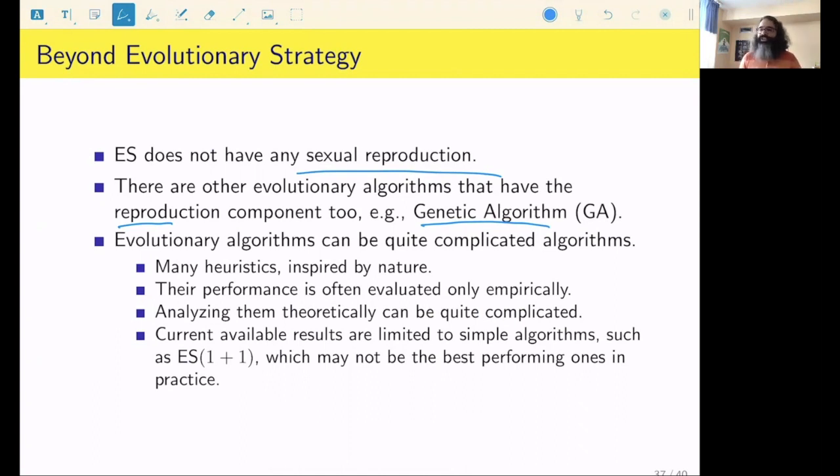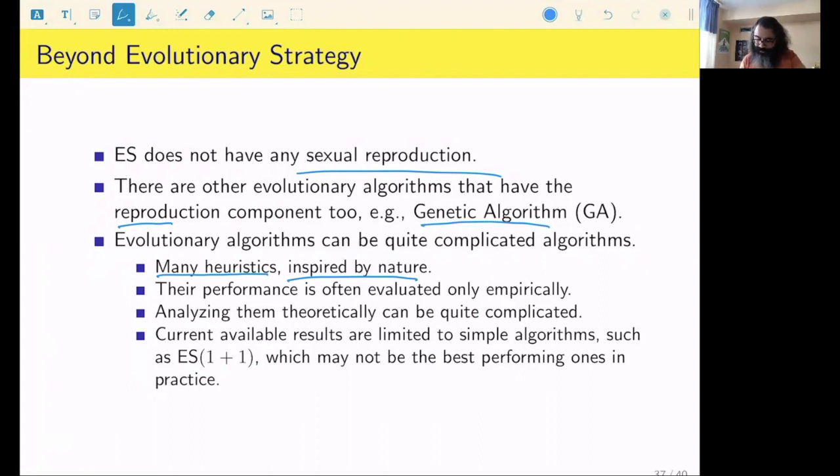And there are many different selections, and different choices of randomness. So basically, there are many heuristics that are inspired by nature. The key word is inspired. It's not necessarily how nature works, but how a researcher thinks nature works, implemented as an algorithm.